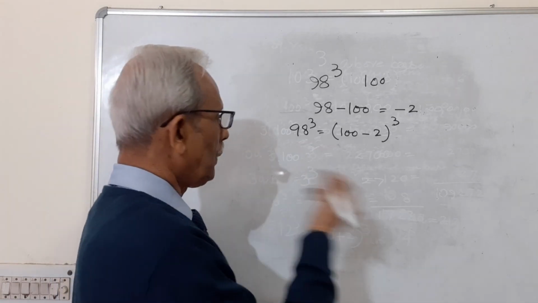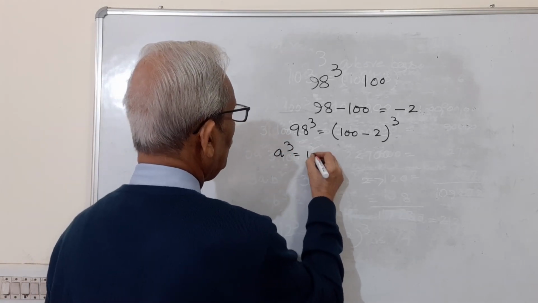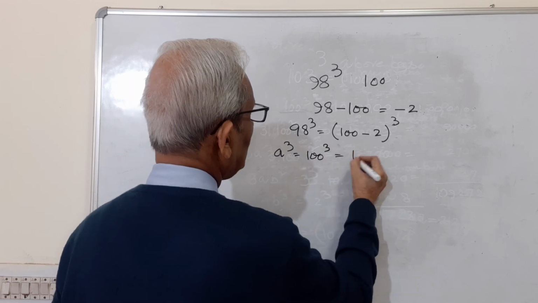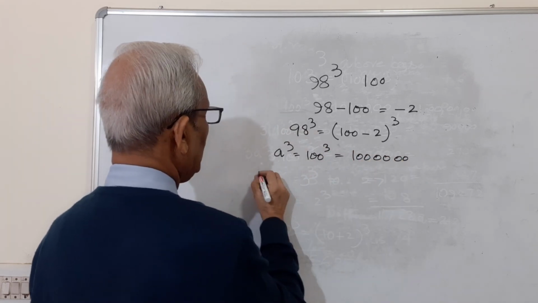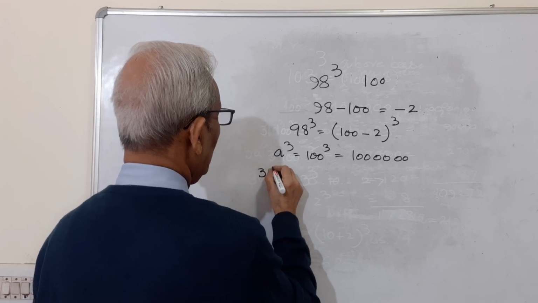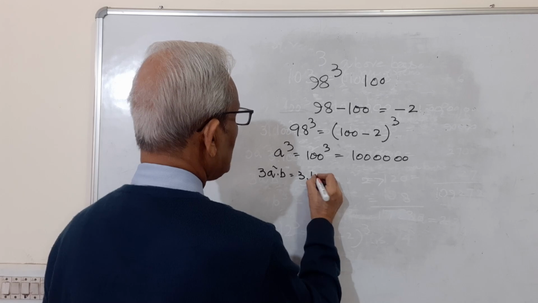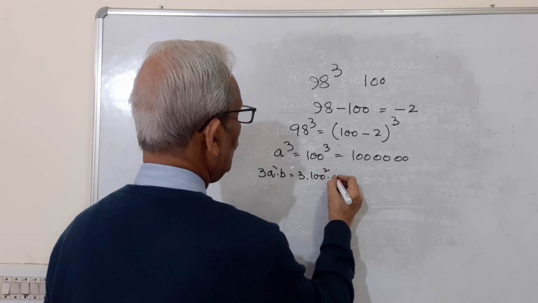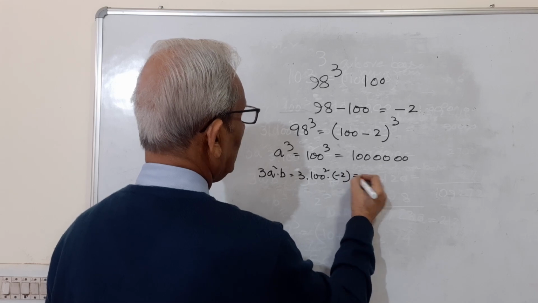Here again we will apply the formula. a cube is equal to 100 cube, and 100 cube is equal to 1,000,000. Then 3a square b is equal to what? 3 into 100 square into minus 2. Remember this thing.